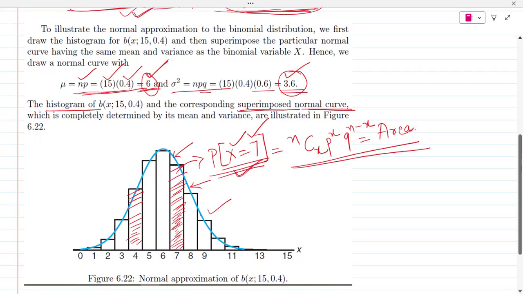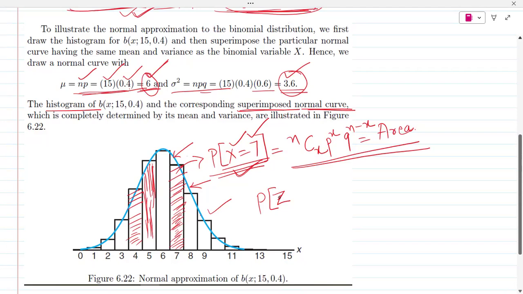And if I talk about this area just under this normal probability curve, what is this area? It is probability, not x, it should not be x, it is probability of z.